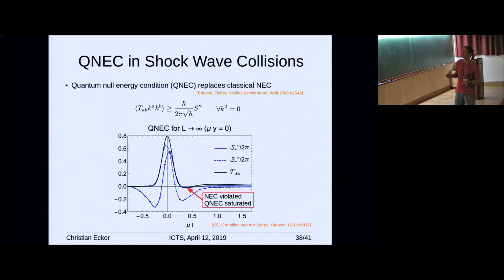Interestingly, you find that the quantum null energy condition can be saturated at early times by deforming in one direction, or at late times by deforming in the other direction. More interestingly, here you have the region where the black line goes below zero, which means that the classical null energy condition is violated. But for this one deformation, the quantum null energy condition holds and is even saturated.